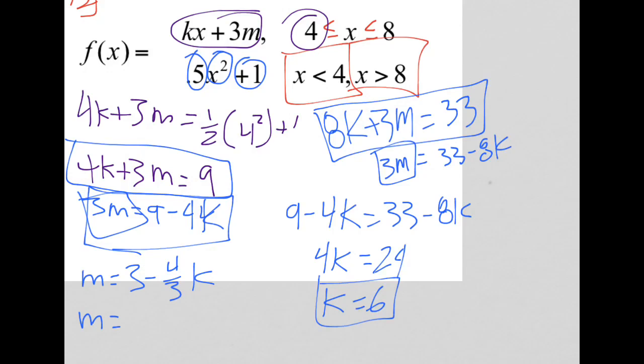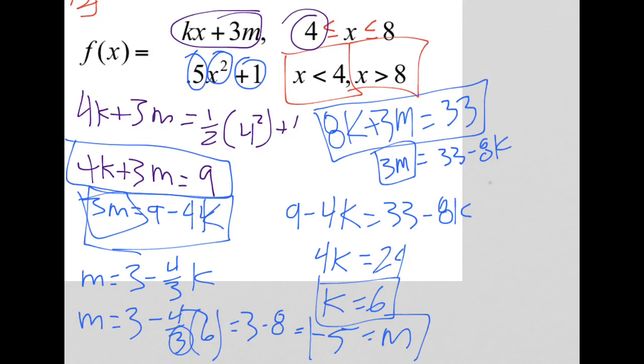So I'm going to get m equals 3 minus 4 thirds times 6. Well, 6 times 4 is 24, and 24 divided by 3 is 8. So that simplifies to 3 minus 8, and 3 minus 8 is negative 5. And that is my m value. Pretty cool little system there.